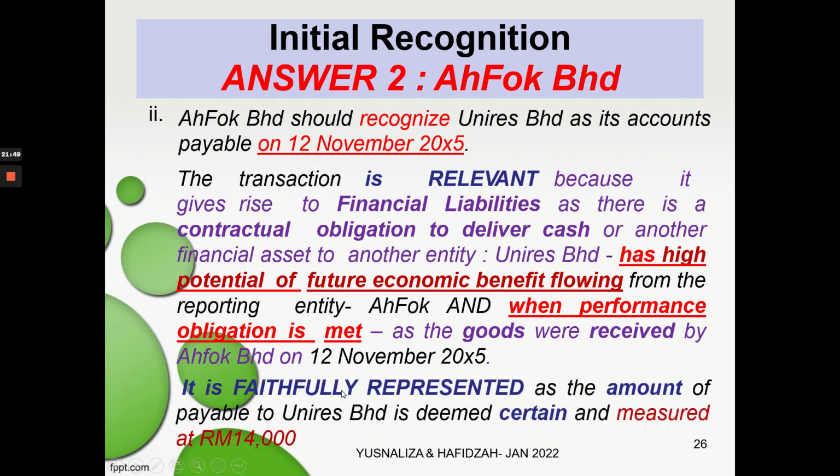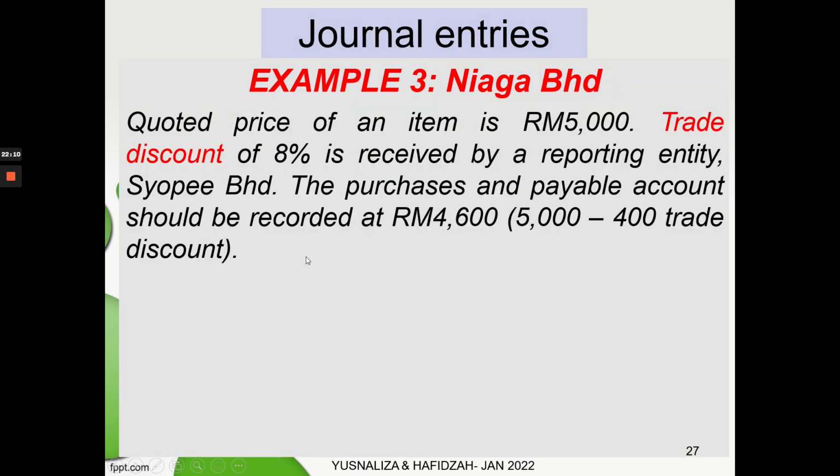It was faithfully represented, where the amount deemed to be certain is measured at 14,000. It was due to the credit purchase transaction, not the total 20,380, but the 70% from 20,000, which is 14,000.